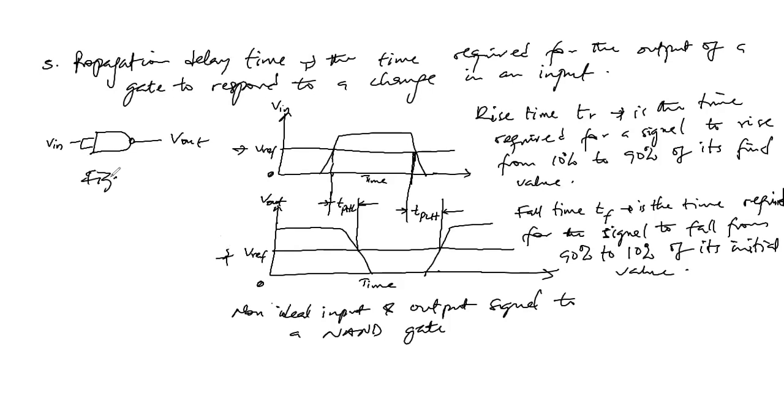The input waveform V in, in this case, is a non-ideal pulse. When the input signal goes high, the output will go low. This is the output. So as this is going high, the output is going low. After the turn on delay time, here tPHL, the turn on time.